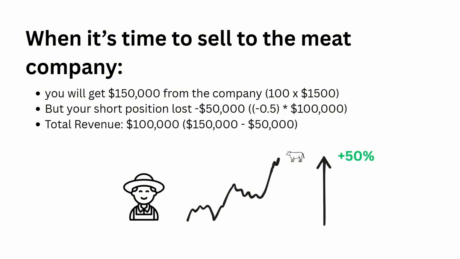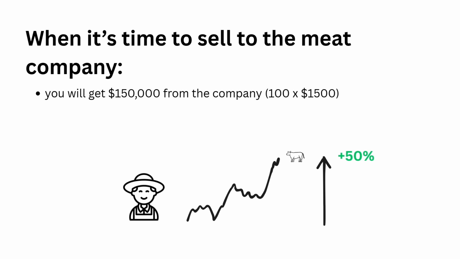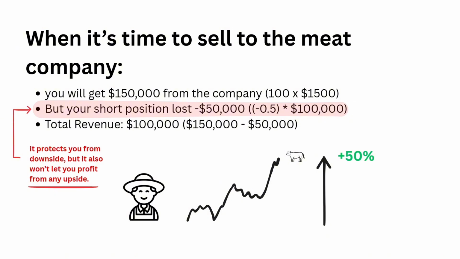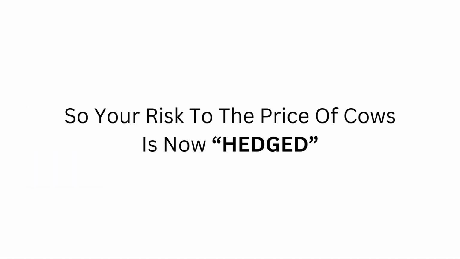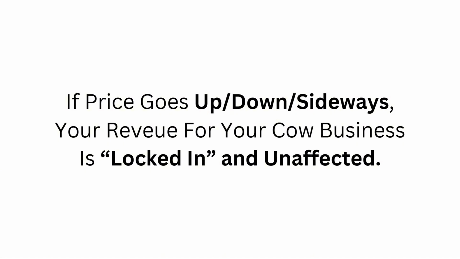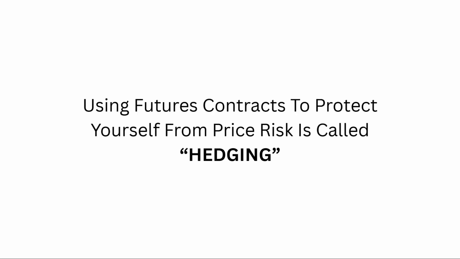So your total revenue, again, is $100,000, because it's the 150 minus the 50, right? Your short position protects you from the downside, but it also won't let you profit from any upside. So your risk to the price of cows is now hedged. If the price goes up, down, or sideways, your revenue for your cow business is locked in and unaffected. Using futures contracts to protect yourself from price risk is called hedging.